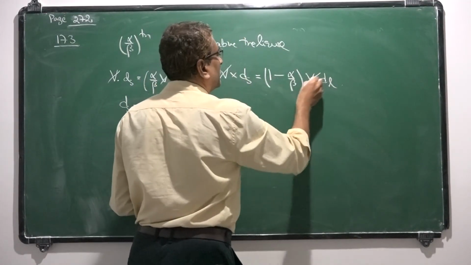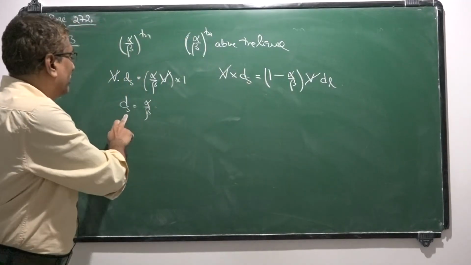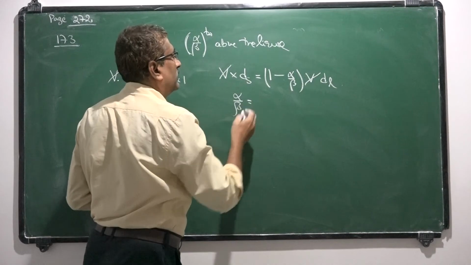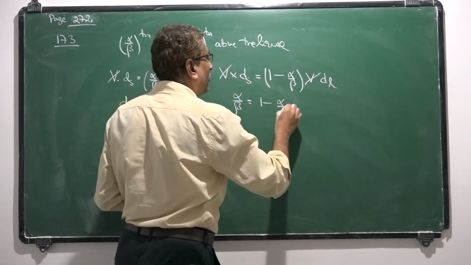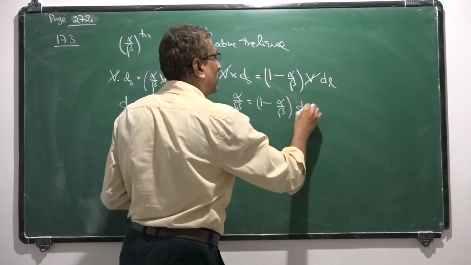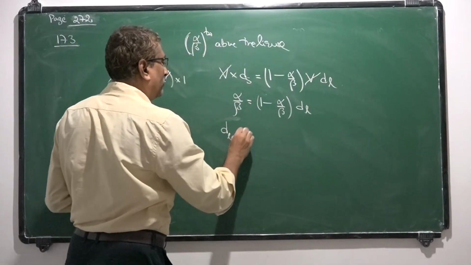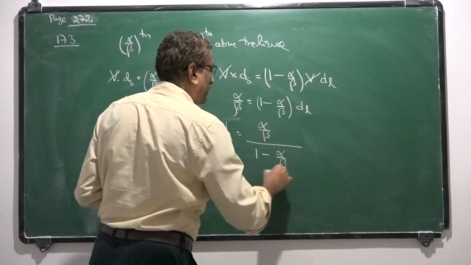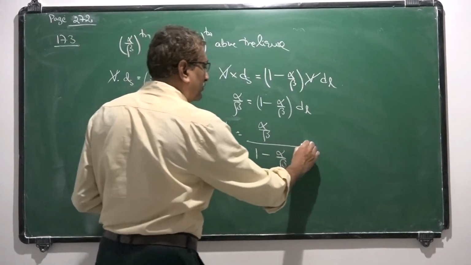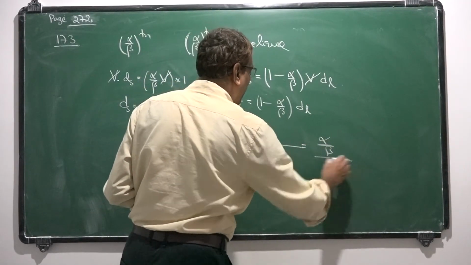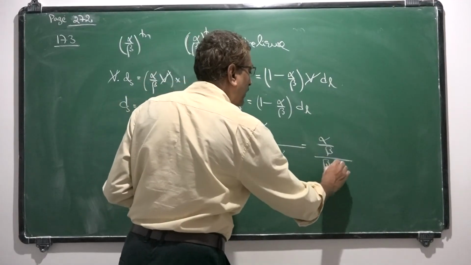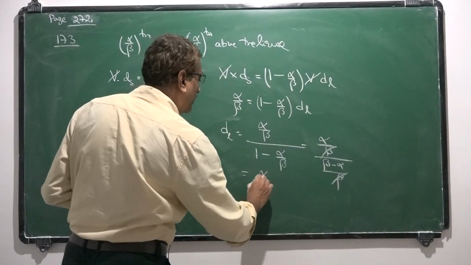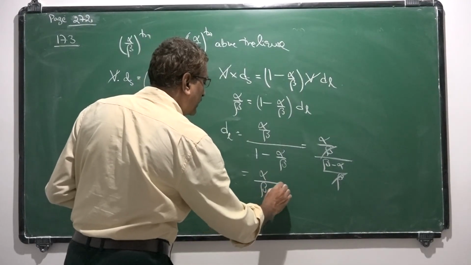So cancel out this. But from this equation, we got density of the solid is alpha by beta. So alpha by beta is equal to 1 minus alpha by beta into density of the liquid. So density of the liquid is equal to alpha by beta by 1 minus alpha by beta. So this is alpha by beta by beta minus alpha by beta. So cancel out this. So density of the liquid is alpha by beta minus alpha.